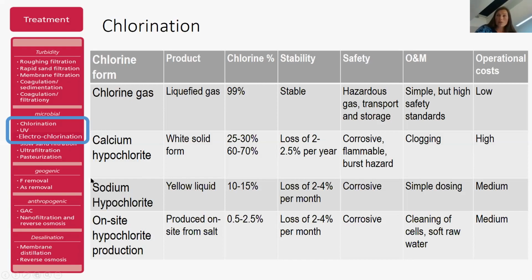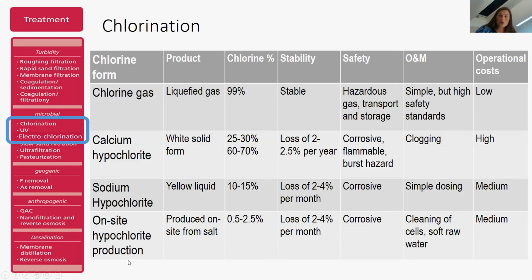So, as well as the sodium hypochlorite, and then calcium hypochlorite is more the so-called solid hypochlorite or solid chlorine, which is used as a powder, which is more expensive in comparison to sodium hypochlorite, the liquid one, or the chlorine gas, but still is used because it's easier to transport and to store.